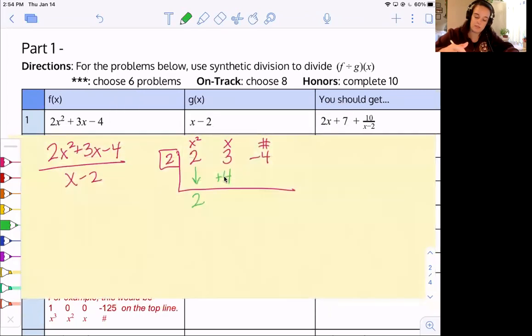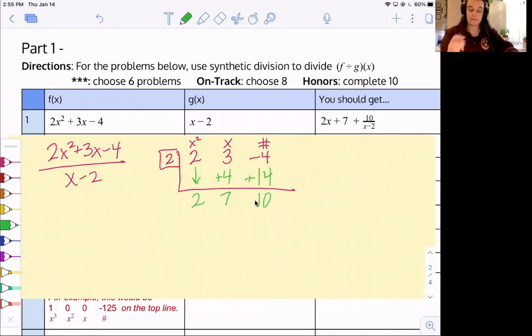And then 7 times 2 would be 14. Exactly. And -4 plus 14. That's like saying 14 minus 4, which is 10. Thanks, Noemi.